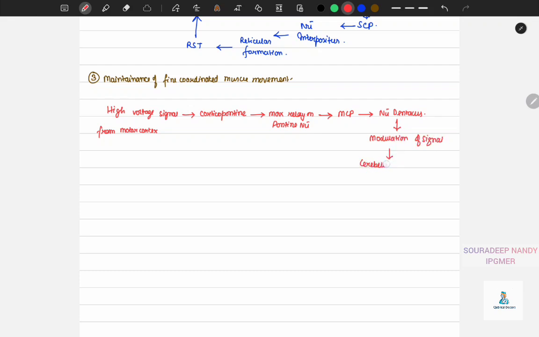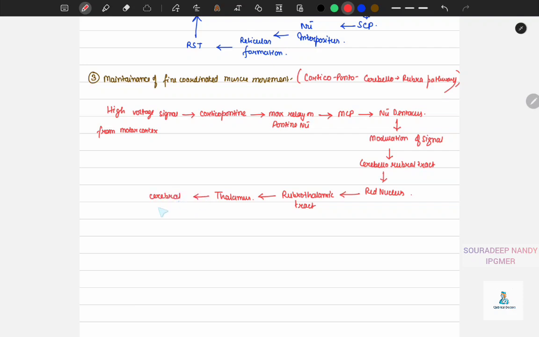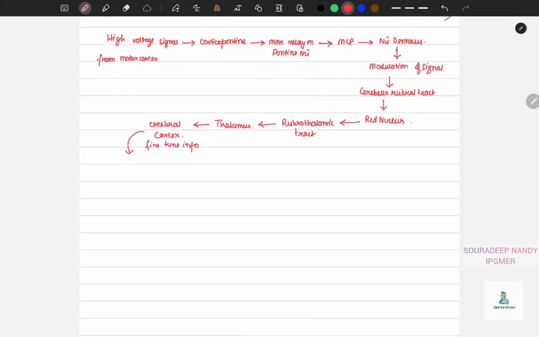Then the cerebello-rubral tract, red nucleus, fine tuned info reaches the cerebral cortex, then it is sent to the corticospinal tract, then fine muscle movement.